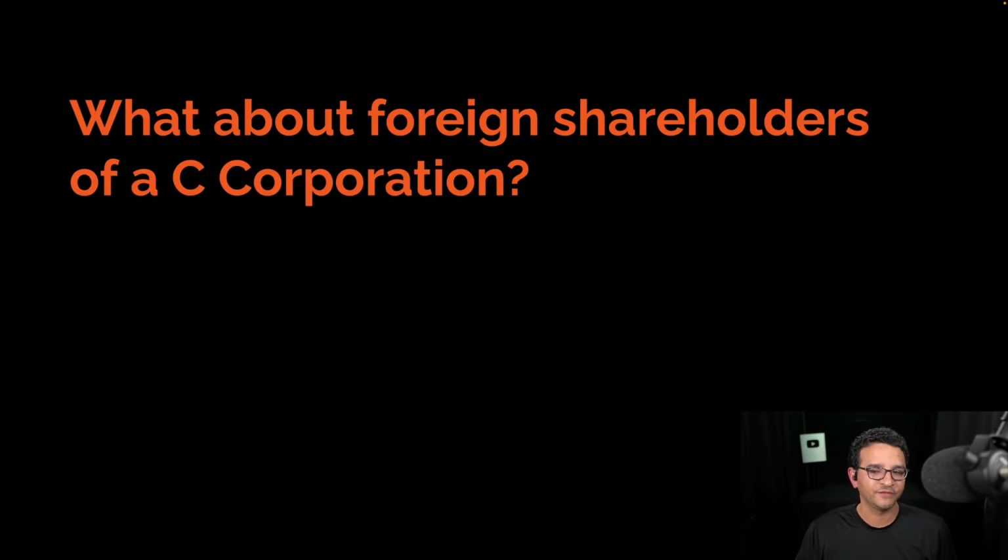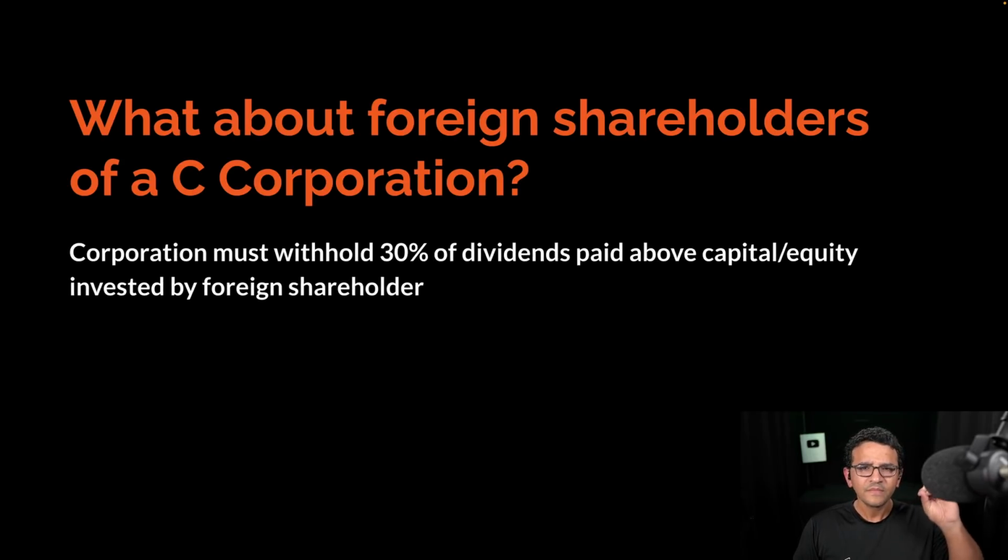Now, what happens to foreign shareholders on a C corporation? Well, if a corporation pays a dividend to a foreign shareholder, they need to withhold 30%. So the multi-member LLC with a foreign shareholder is at 37% withholding, where a C corporation foreign dividend payment is at 30% withholding.